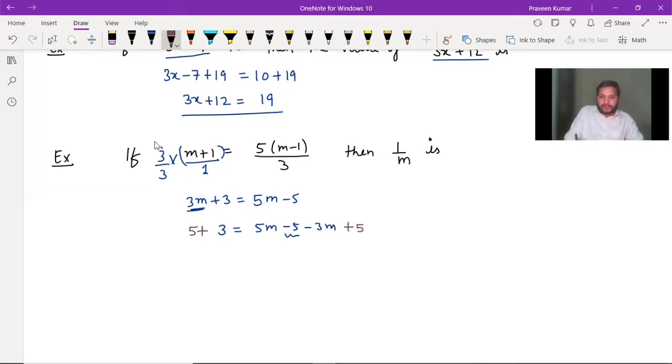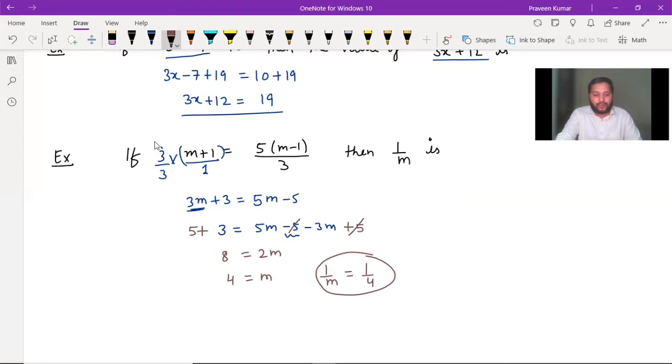So this 5 can be cancelled, or it will become 0. This means 2m is equal to 8. This implies m is equal to 4 by dividing both sides by 2. So 1 by m will be the reciprocal of 4, which is 1 by 4. Hope it is clear to you.